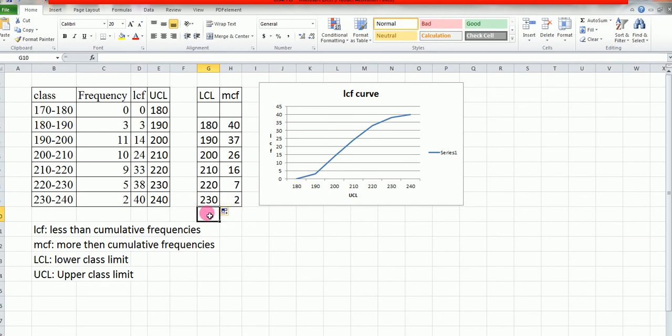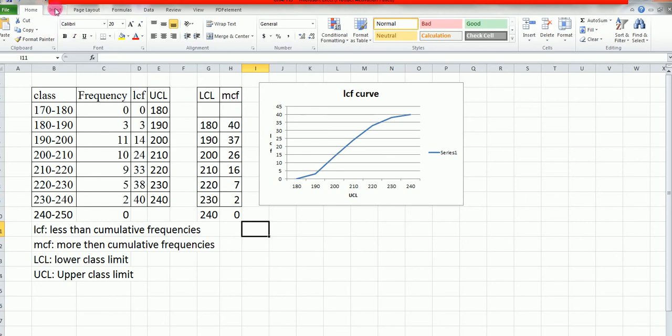To touch this to x-axis, we consider one more class with lower limit 240, that is 240 to 250, with 0 frequency and its MCF 0. And we plot MCF curve by considering MCF on y-axis and LCL on x-axis.